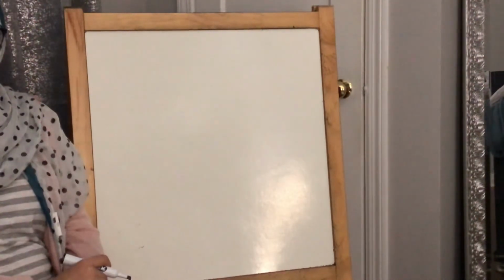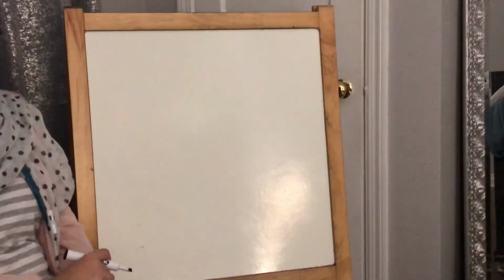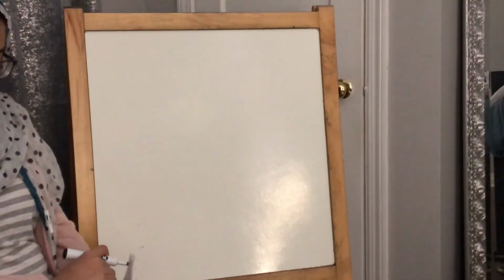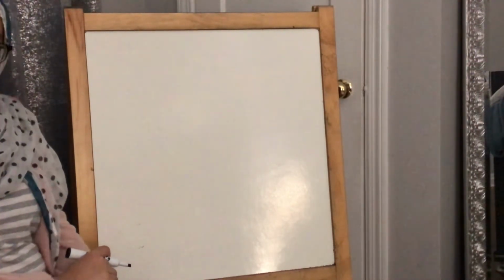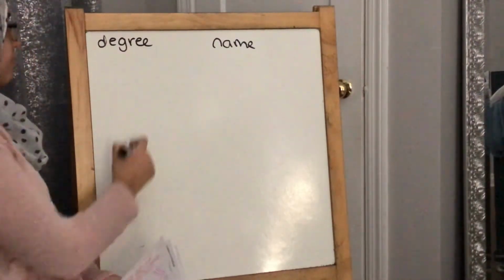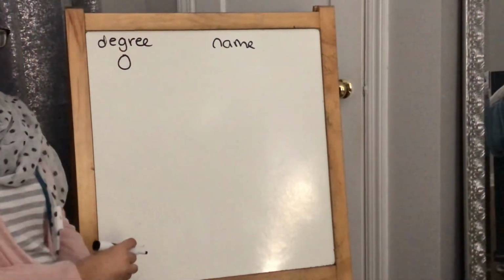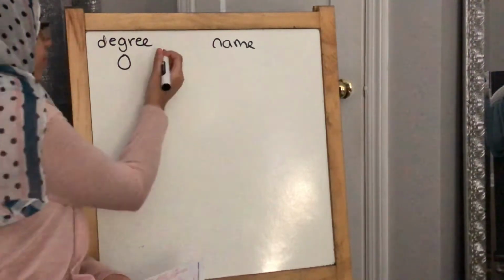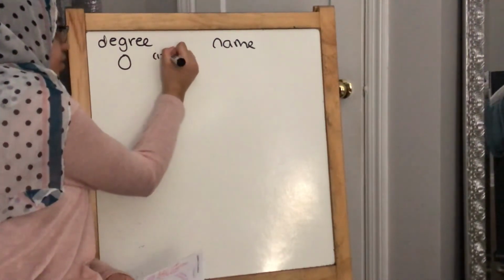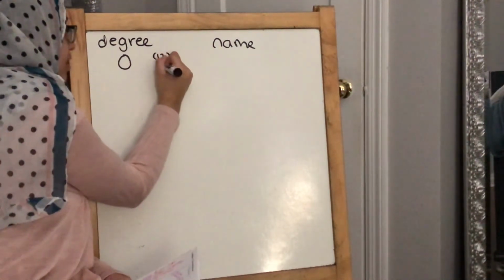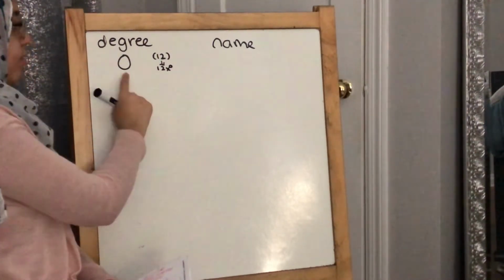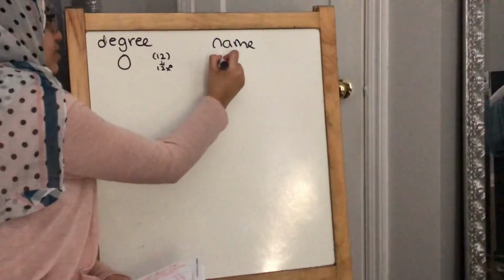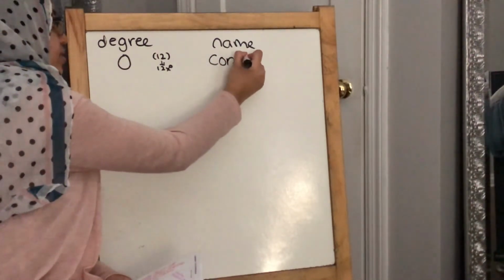So now, based on what we know about figuring out the degrees of an expression, we can classify polynomials by their degree. If we have a degree of 0, as we do in constants, so for example, if I had 12, that's a constant because really it's 12x to the 0. So if I have a degree of 0, it's called a constant, just like 12 is a constant.